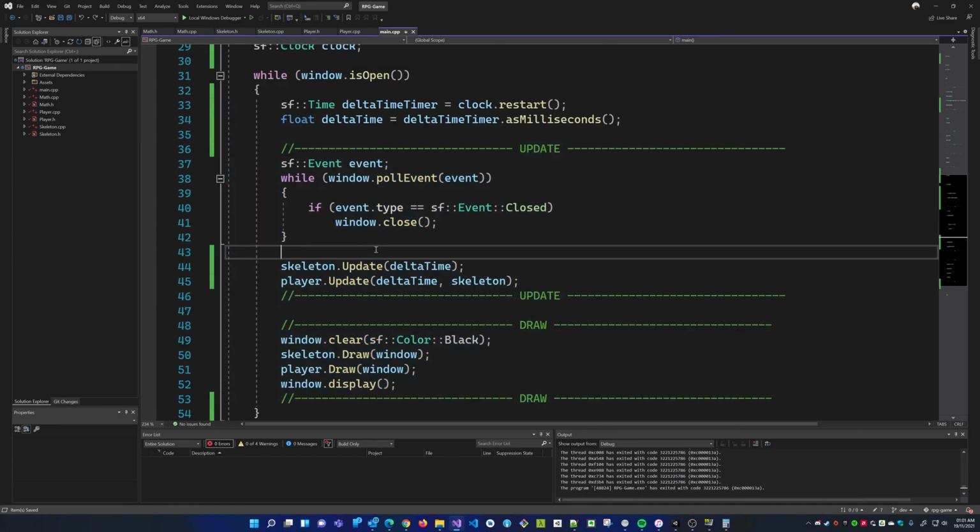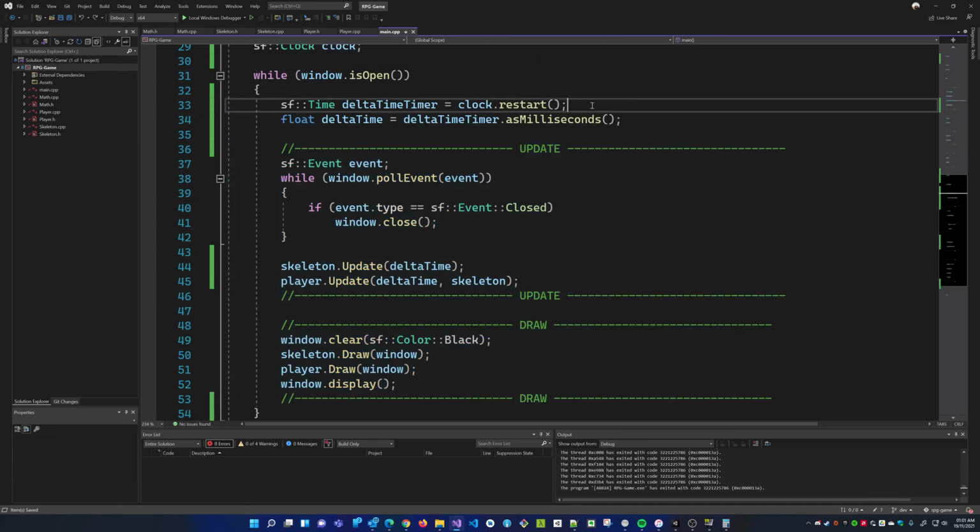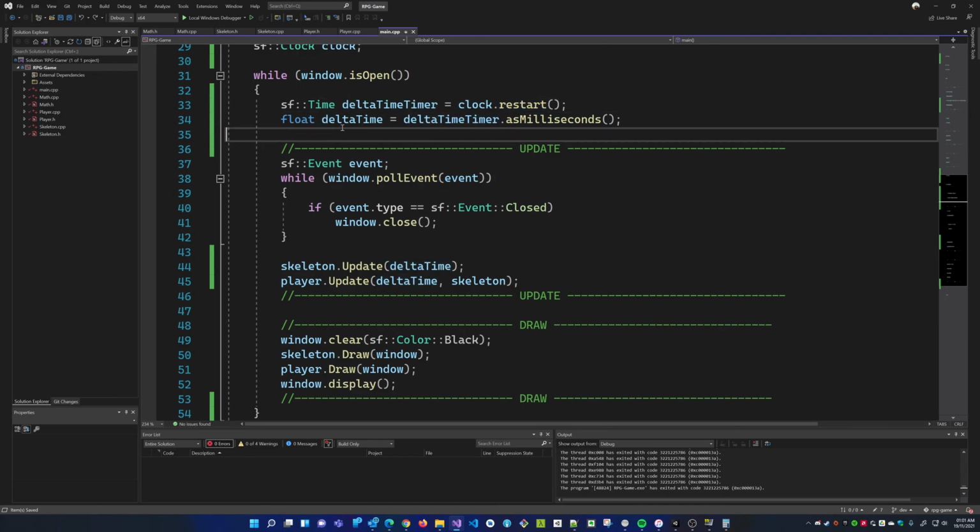Let's say it took 60 milliseconds. So I restart the clock, but before I restart the clock to 0, I store 60 in here. I'm taking 60 and storing it in deltaTime, and then restarting the clock to 0. So now the clock is 0.